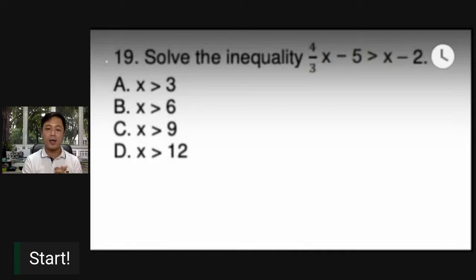All right, let's try an inequality problem this time. Start. You guys have 1 minute.